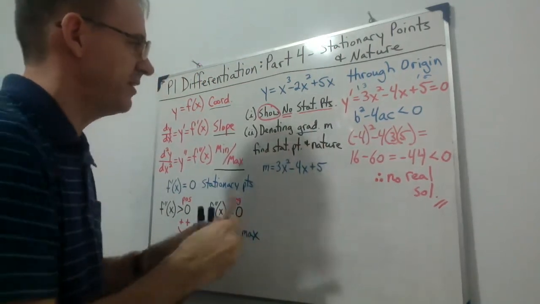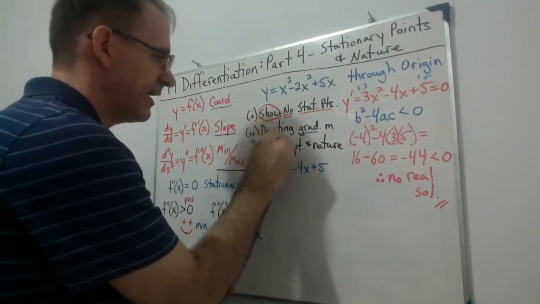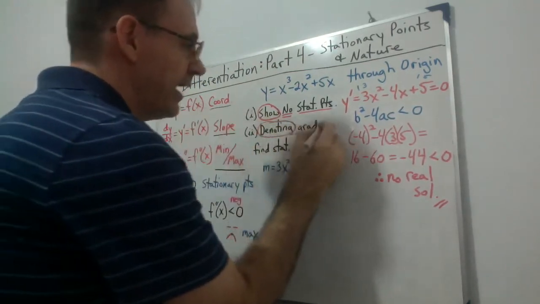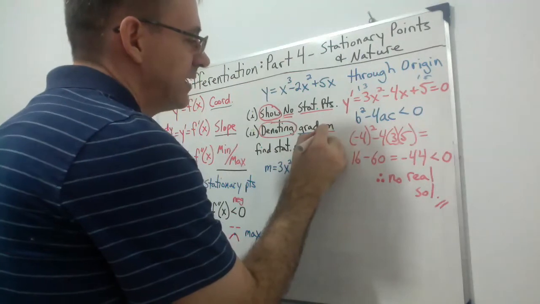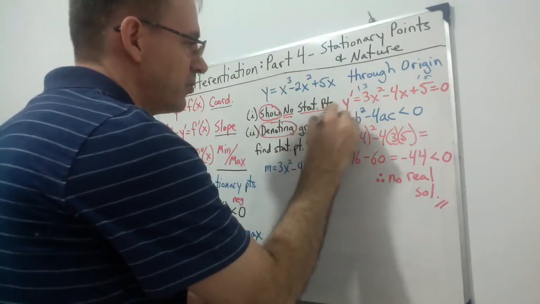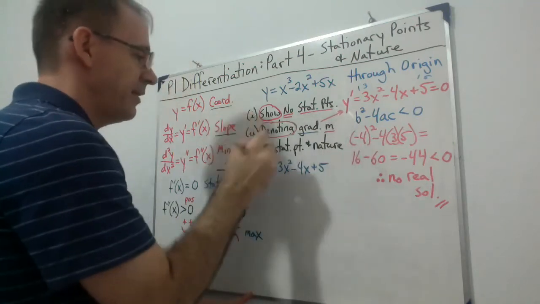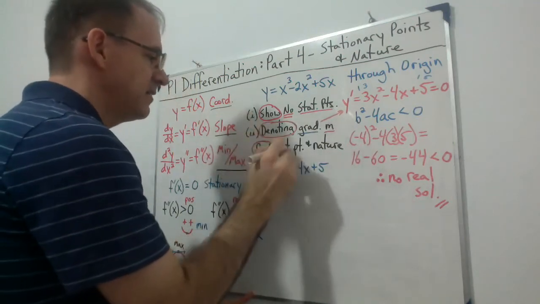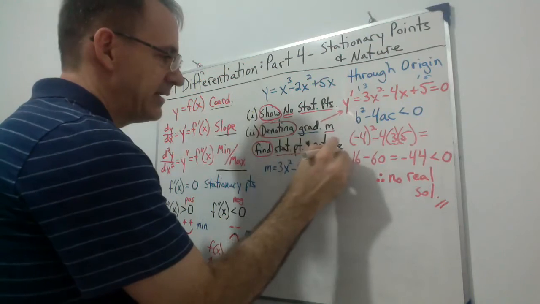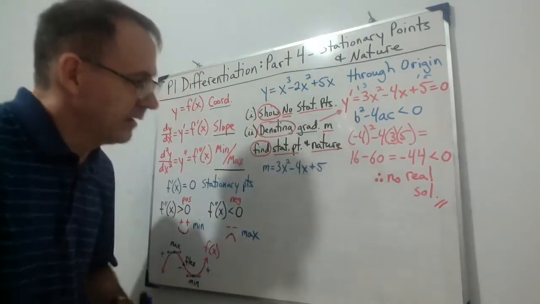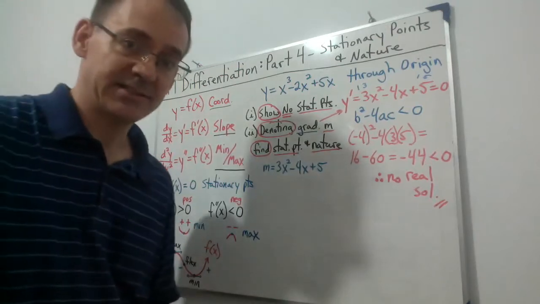So notice it says denoting, which is like how your notation, how you write it, the gradient as m. Gradient is your first derivative. Okay. Then we want to find the stationary point and nature of m, meaning this.